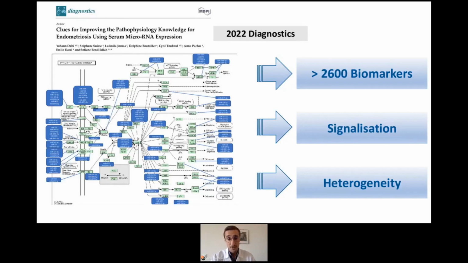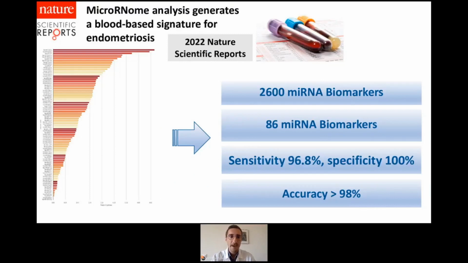We looked at, during these studies, the full transcriptome, over 2,600 microRNA biomarkers, which had hugely heterogeneous functions. And these led to, first of all, the blood-based signature, which, as I mentioned, was based on 86 microRNA biomarkers with a fantastic specificity and sensitivity and an overall diagnostic accuracy of 98%.